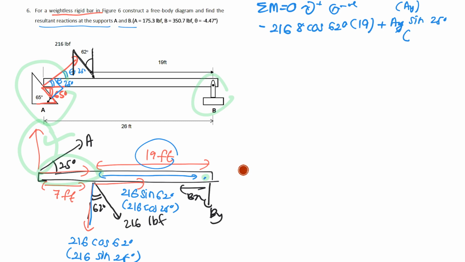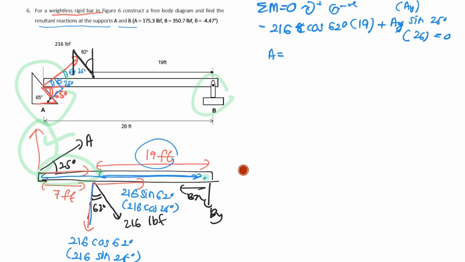From the hinge up until the force, so it's going to be this one. So 26 equals to 0. So you're going to get your value for A. Your A here going to be 816.8.